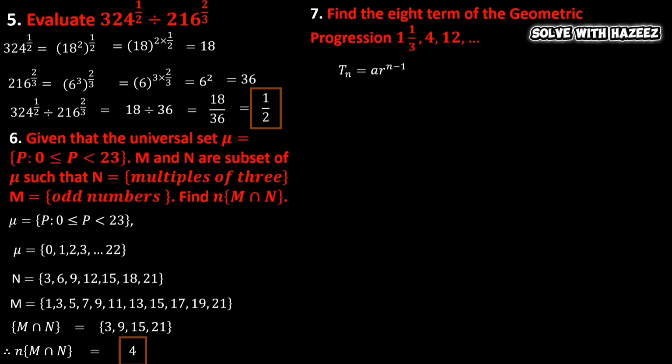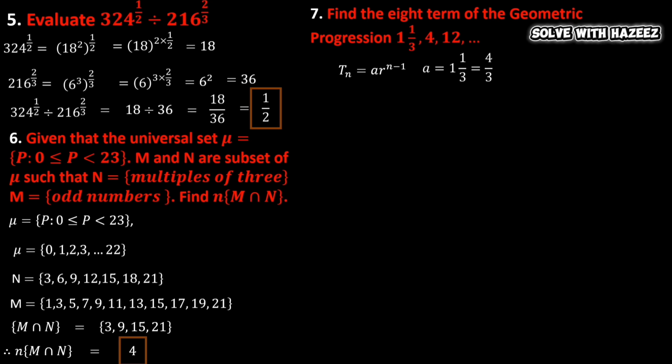Since we are finding the eighth term, let us define the general rule, which is the nth term. Tn is equal to, the formula is going to be ar^(n-1), where Tn is the term we are looking for, A serves as the first term, then r serves as the common ratio, where n is the number of the term.